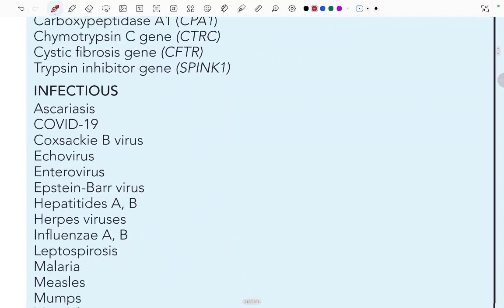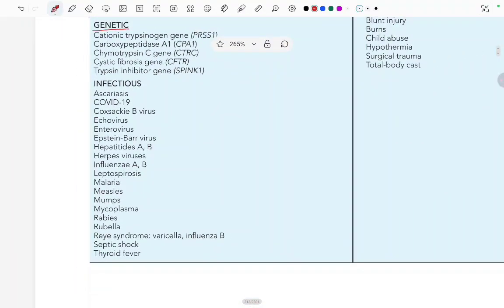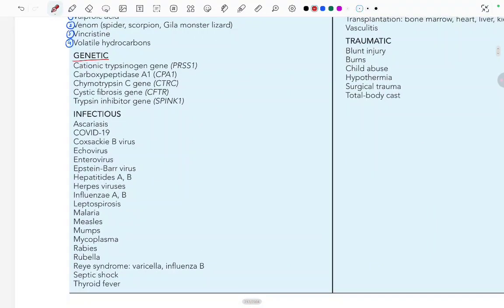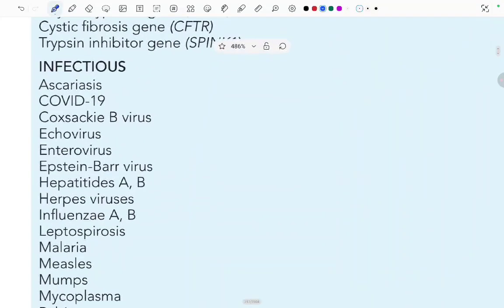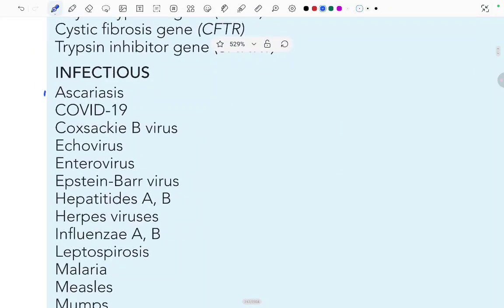Now coming to the infectious causes. There are a lot of infections which are associated with acute and recurrent pancreatitis. First one is Ascariasis.